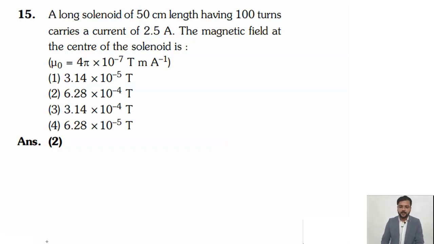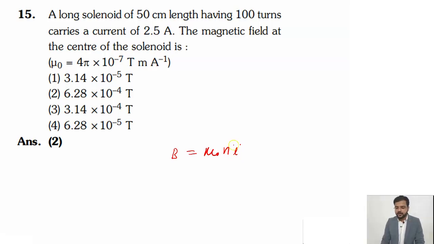Question number 15. A long solenoid of 15 centimeter length having 100 turns carries a current of 2.5 ampere. He is asking for the magnetic field at the center of the solenoid. Very simple question. We know that the formula for the magnetic field at the center of the solenoid is B equals mu naught N I, correct?